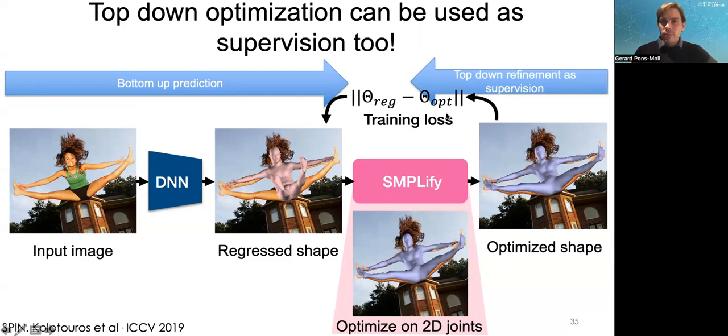These ideas are similar to things we've seen for registration, where you optimize over one set of parameters, holding the other ones fixed and so on, right? You should draw connections here between what we've seen and this. So this is maybe a more direct way of combining learning and optimization.